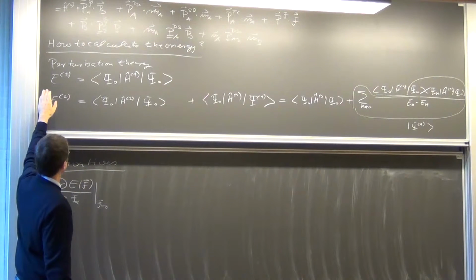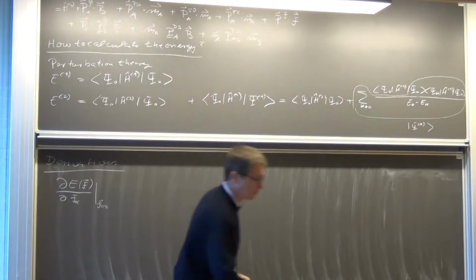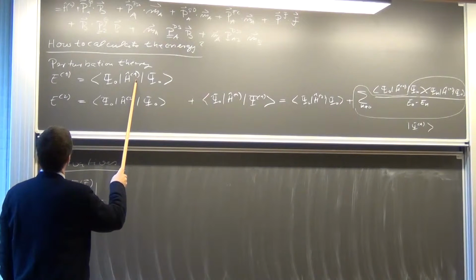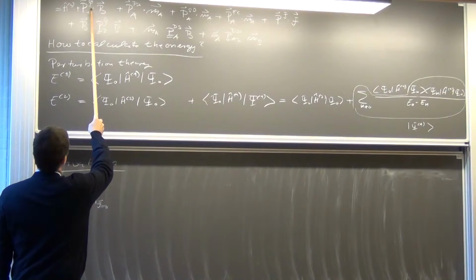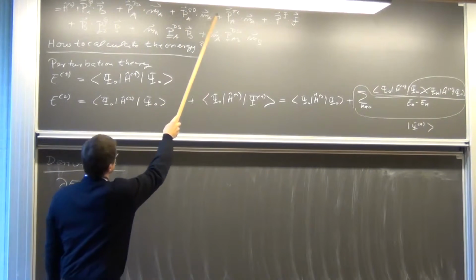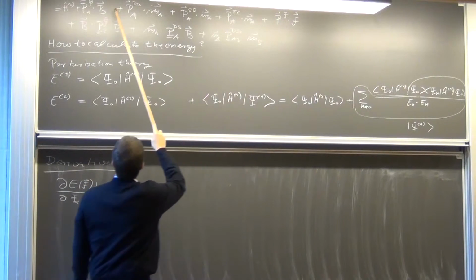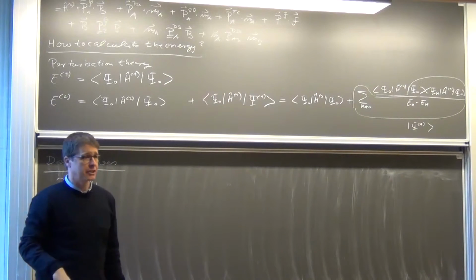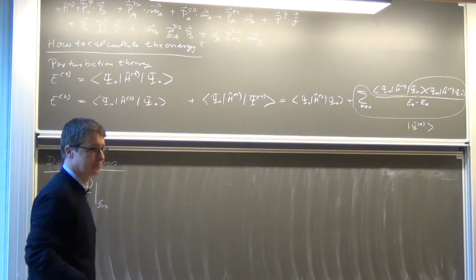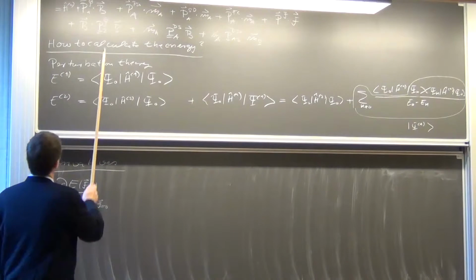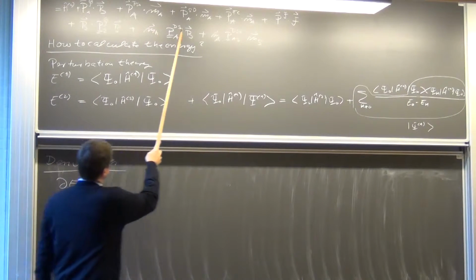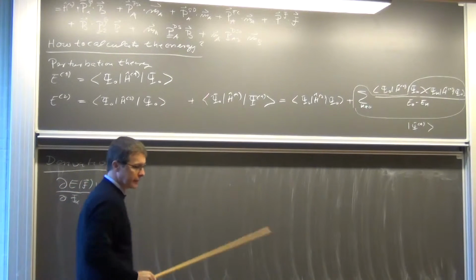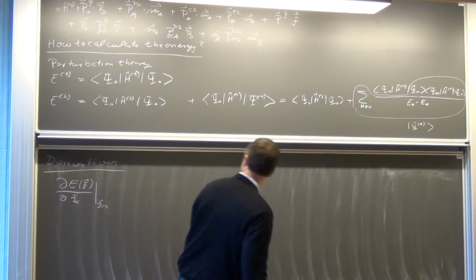The first order correction has the first order Hamiltonian in there, so those terms are all linear in the perturbation. Therefore it's first order. And the next ones are quadratic in the perturbation, or bilinear, which forms quadratic.